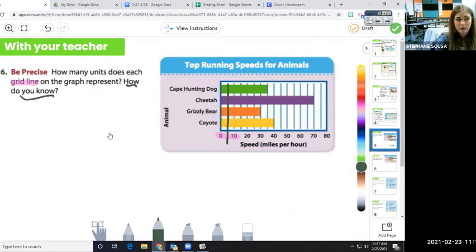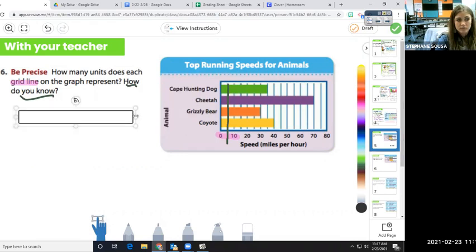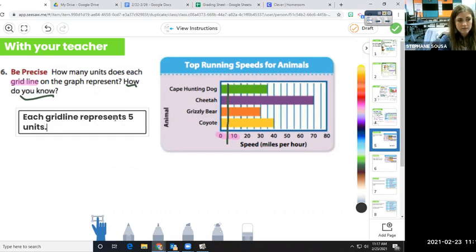So let's type that out. Each grid line represents 5 units because half of 10 is 5. We looked at the scale.